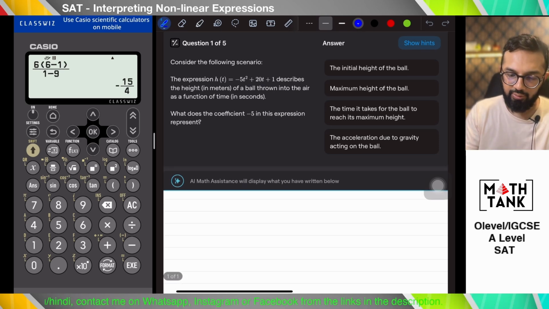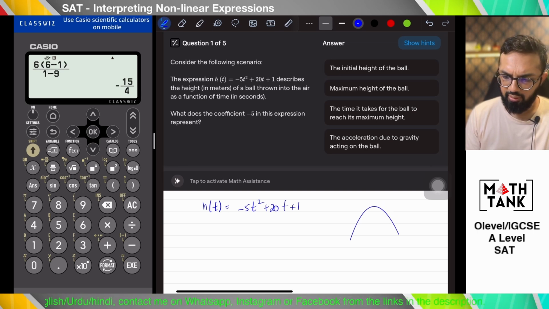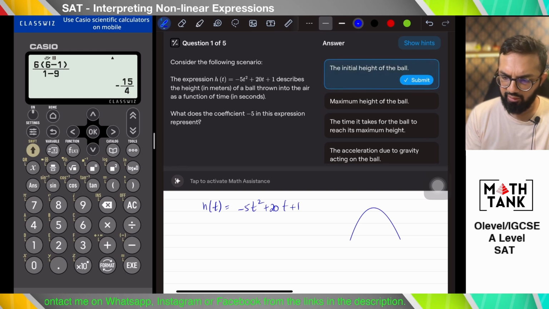Consider the following scenario. It describes the height in meters of a ball as a function of time. What does the coefficient -5 in this expression represent? Okay. It's difficult to interpret -5 because in the quadratic expression, it just tells me the shape. It doesn't tell me the initial height of the ball. No, it doesn't do that.